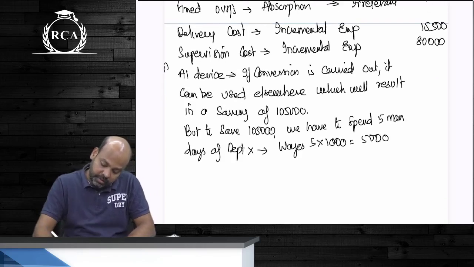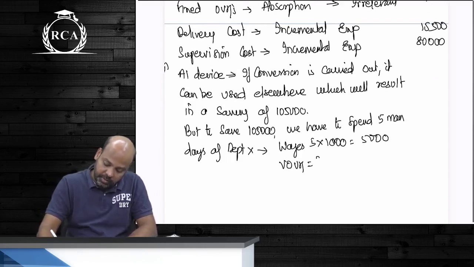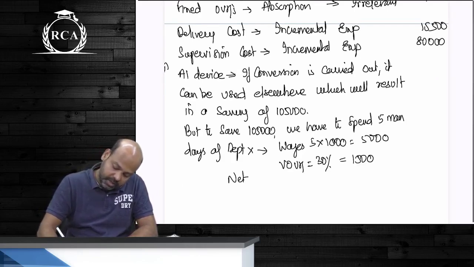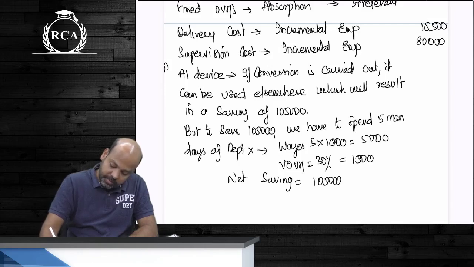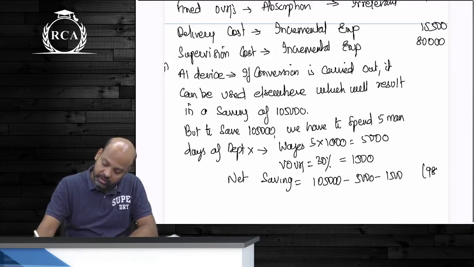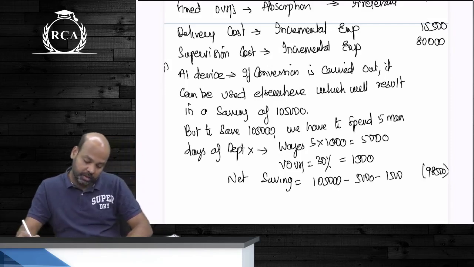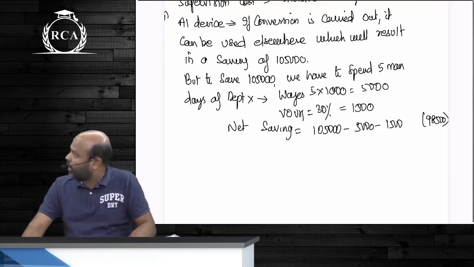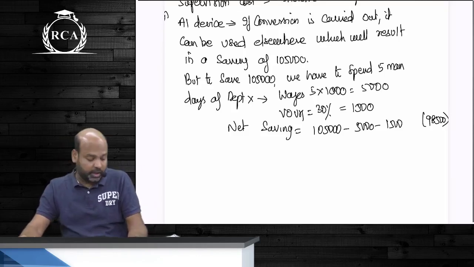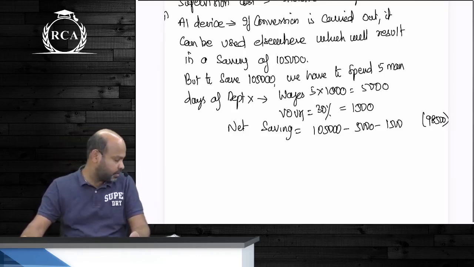Variable overheads 30%, 1,500. So what will be the net saving? 1,05,000 minus 5,000 minus 1,500, 98,500. AI device, it will be 98,500.